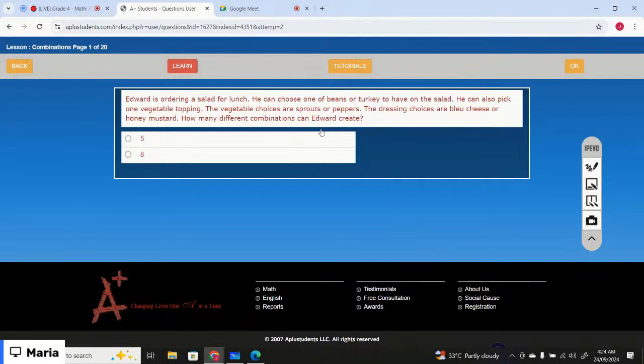You have two choices for the salad, then two choices for the toppings, and then two choices for the dressing. So, you need to do 2 times 2 times 2.